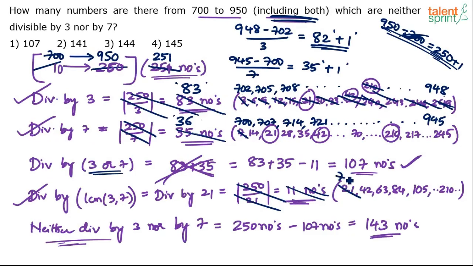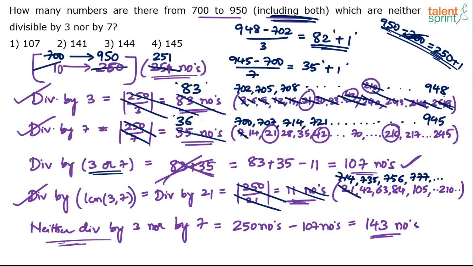I guess it starts from 714. 630 plus 84, yeah, 714. Then it will be 735. Then 756. Then 777 and so on. What will be the last multiple of 21 less than 950? 840 plus 105.